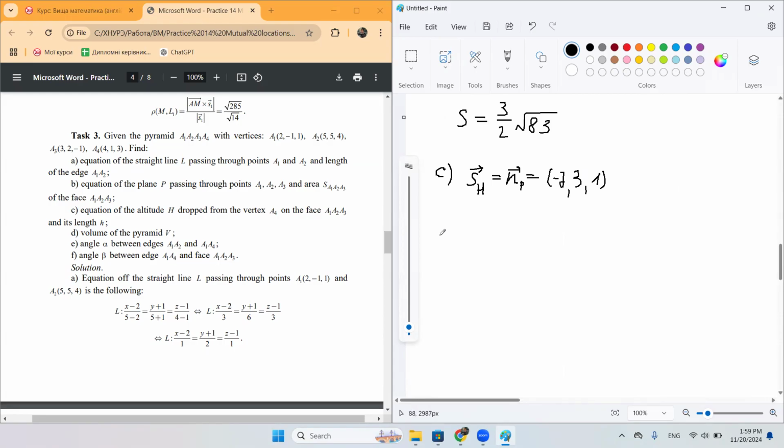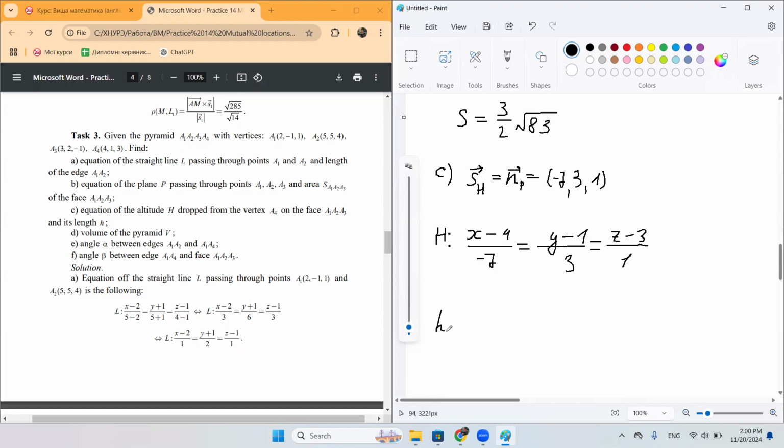Now let's write down the equation of h. Point A4 belongs to it, so x minus 4 by -7 equals y minus 1 by 3 equals z minus 3 by 1. So this is the equation.